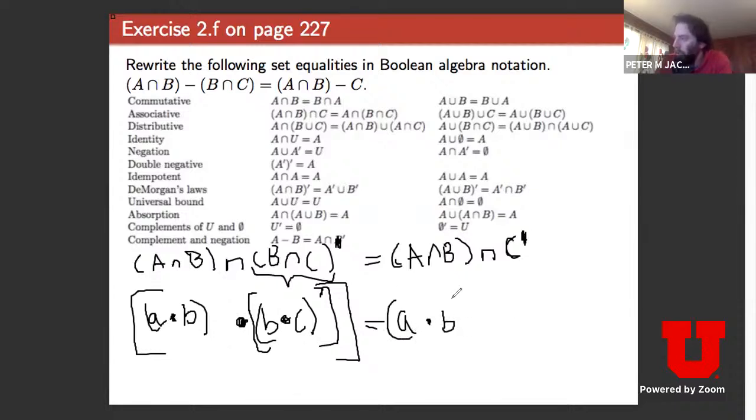And then we're intersecting, so we have another dot. And this is going to be with C prime, so this becomes little c prime, and to indicate the order of operations, we might put a parenthesis around this and then another one around the whole thing to indicate that we're doing the complement of C before we do the multiplication, the Boolean dot.